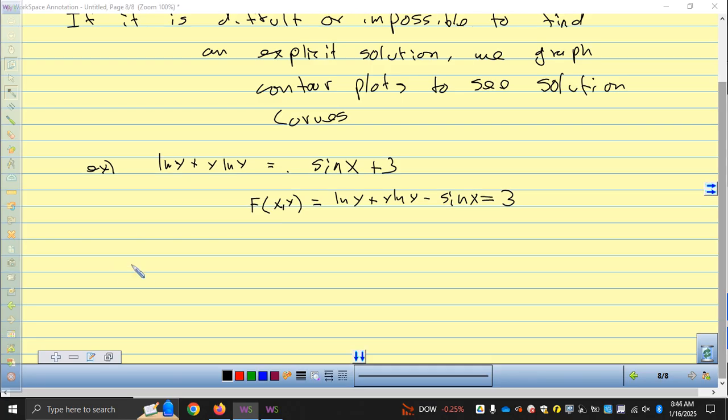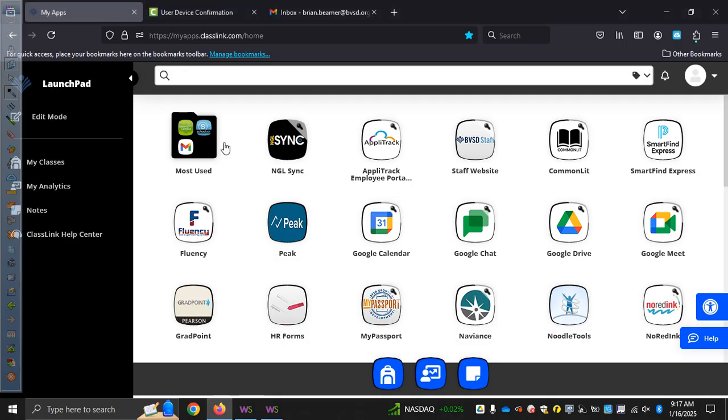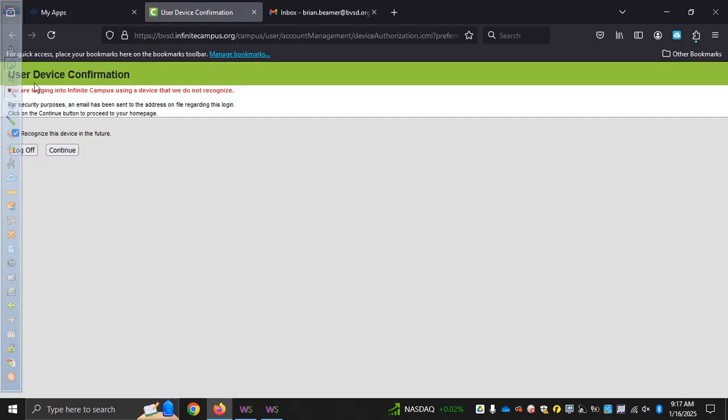So I'm going to go to, I have a contour plotter bookmarked in our Schoology class. So that's a Desmos contour plotter. So let me go there.